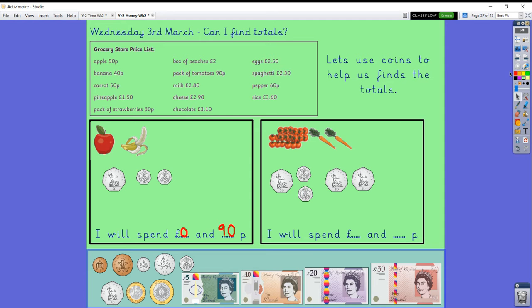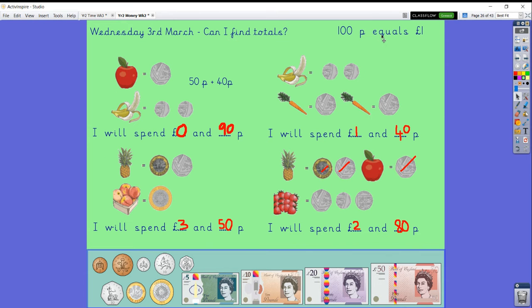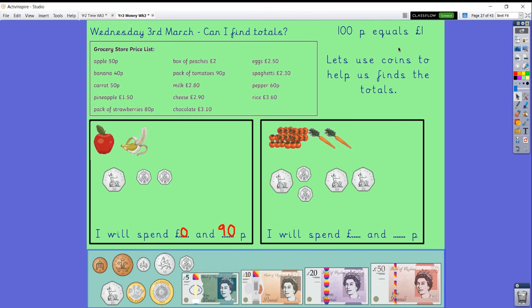Now remember, if I go get this sentence from here, remember we've got 100p equals £1. So 50 and 50 is 100. Let's mark those off to say I've counted those. So I've got £1, 100 pence or £1. And then I have got, remember that's my tomatoes. So I have got 90p. So I have spent £1.90.